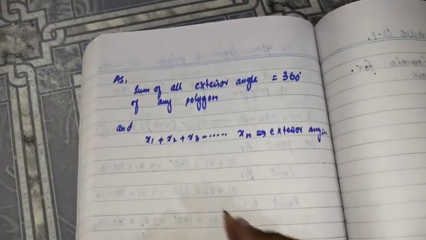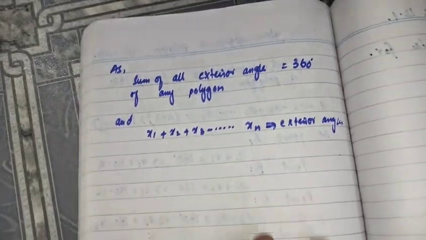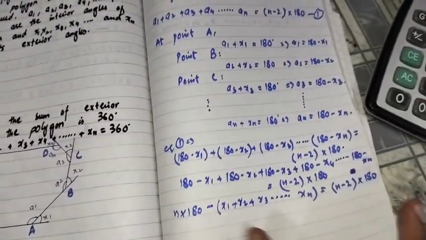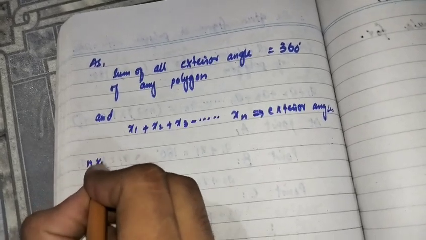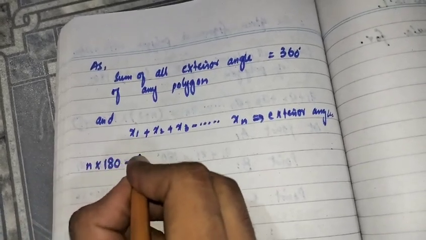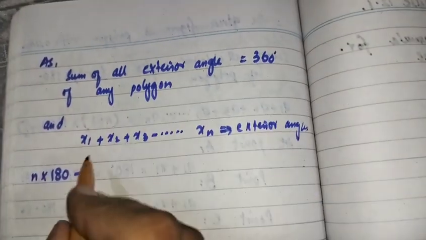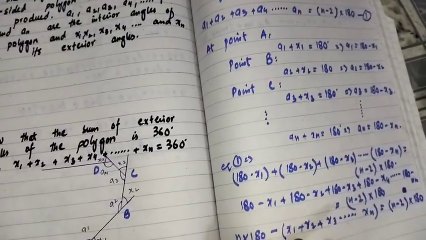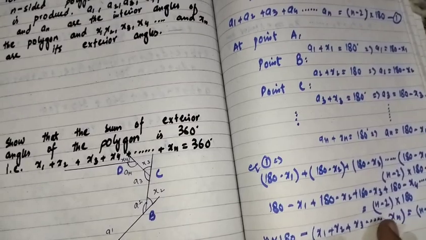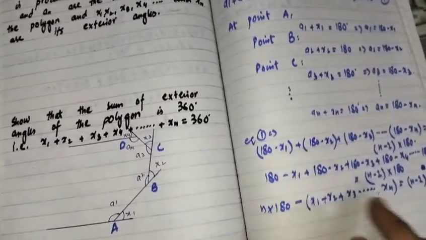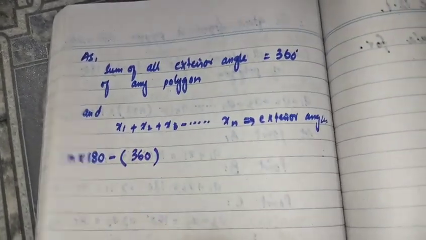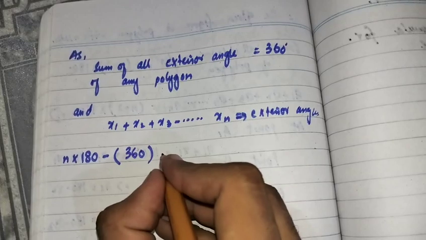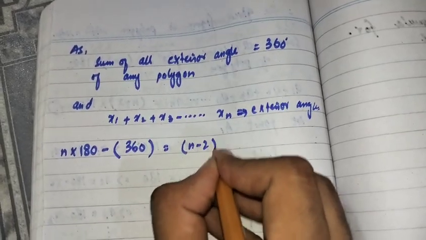So this equation will be n times 180 minus the sum of the exterior angles, which is 360 degrees, equal to n minus 2 into 180 degrees.